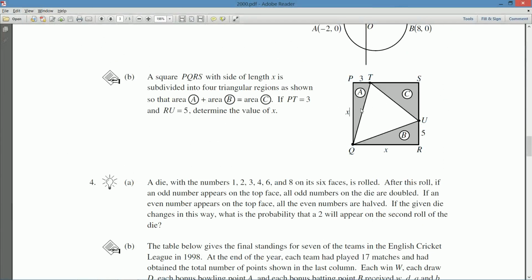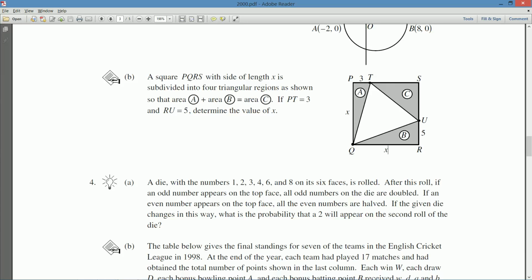And it's got triangle A, triangle B, and triangle C. So it's subdivided so that the area of triangle A plus the area of triangle B is equal to the area of the bigger triangle C. And we sort of ignore this white triangle here. If length PT is 3 and length RU is 5, determine the value of x, which is the side length of our square.